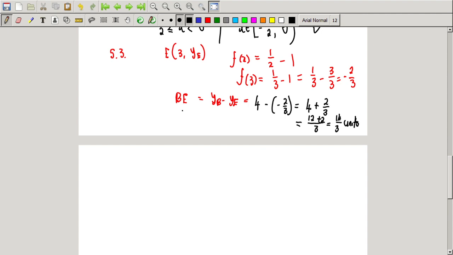Here's our answer. BE is equal to 10 over 3 units, or how many times does 3 go into this? It goes 3 times and leaves a remainder of 1 over 3. Yeah, I think I'm correct.